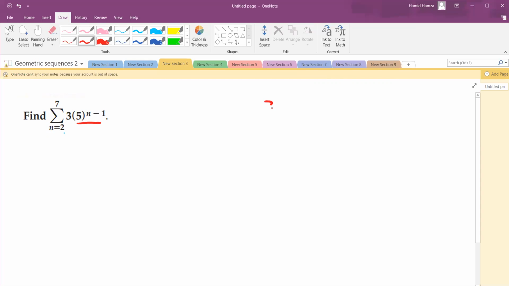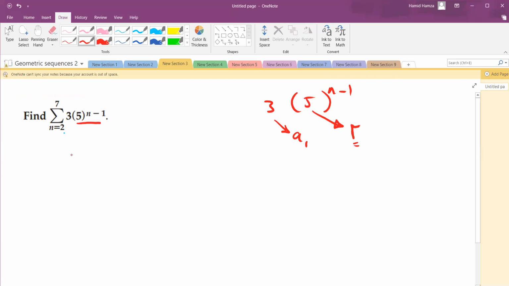So let me write it here: 3·5^(n−1). This number is the first term a1 of the sequence, so this sequence starts with 3. And the base of the exponential part represents the common ratio, which is r.